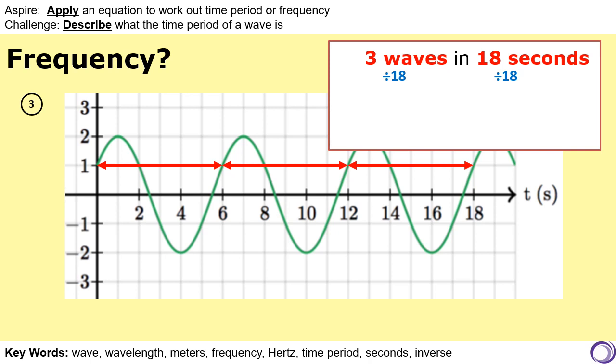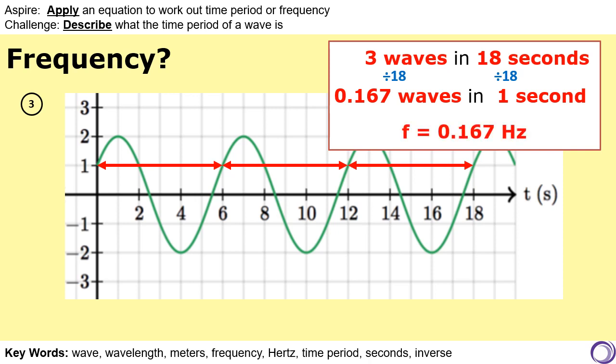So using your calculator, 3 divided by 18 is 0.166666 recurring, so we're just going to round it up to 0.167. So if I have 0.167 waves in 1 second, then my frequency must be 0.167 Hertz.